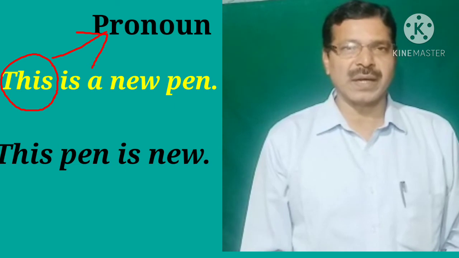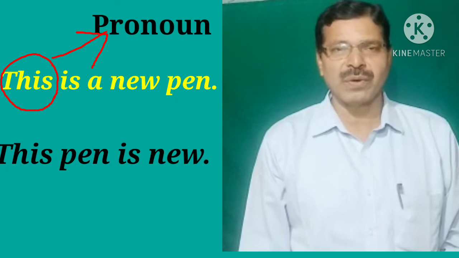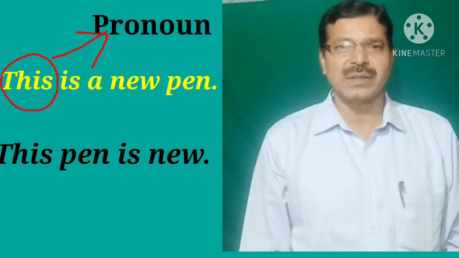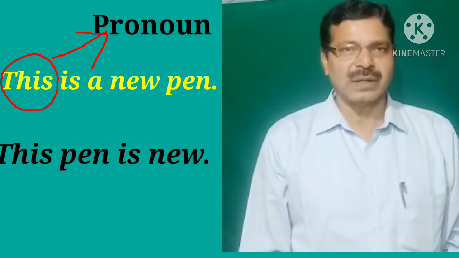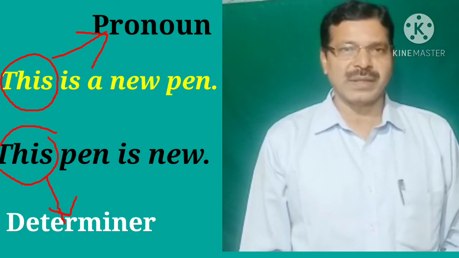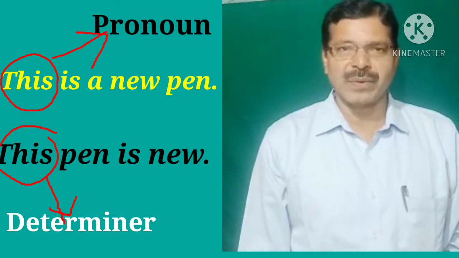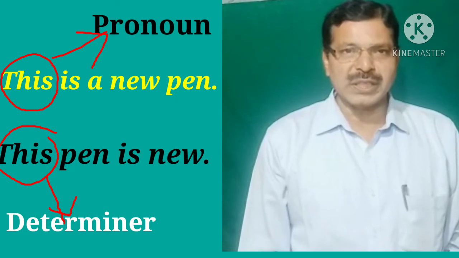In the second sentence, this pen, here the word pen is the noun and it follows the determiner this. So here the word this is a determiner.